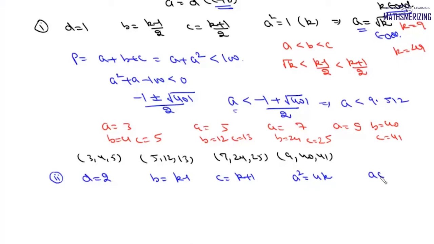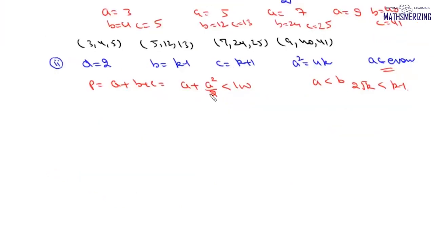Now here A, it must be an even number. Now we'll write perimeter. Perimeter is A plus B plus C. So it will be A plus, now B plus C is A square upon D. So it will be A square upon 2 and it should be less than 100 and also A should be less than B.